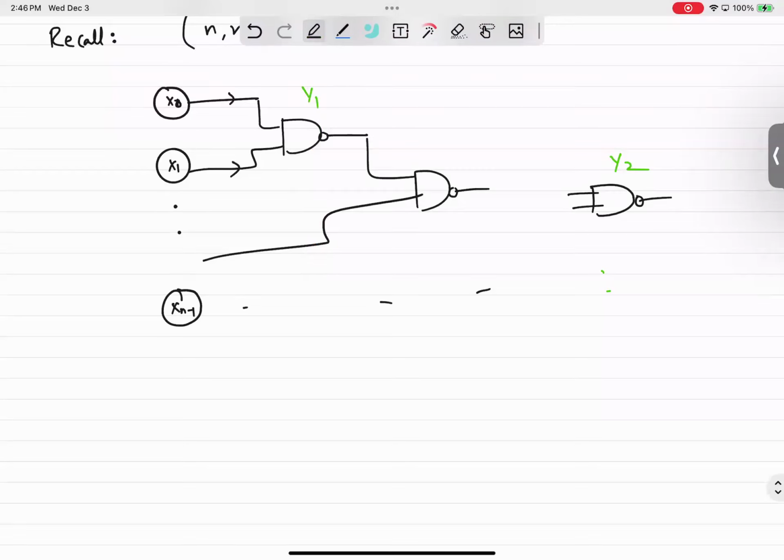Okay. So the definition of quantum circuits is very similar. In fact, at this point, I think you can take a guess. We replace NAND gates with, any guesses? What should we replace them with? No mystery here. We just replace NAND gates with QNAND. Okay.